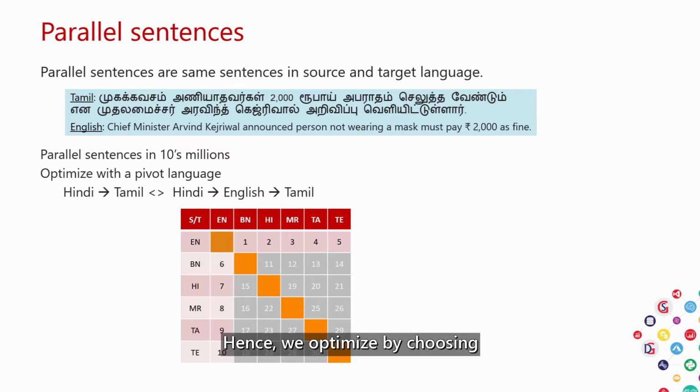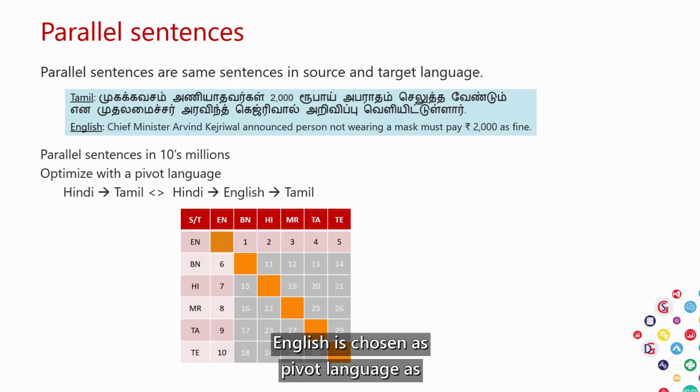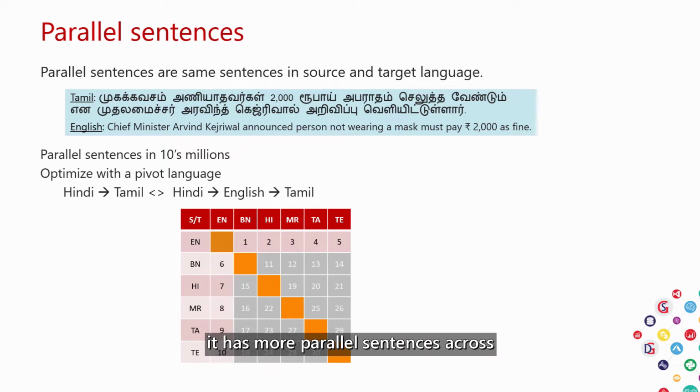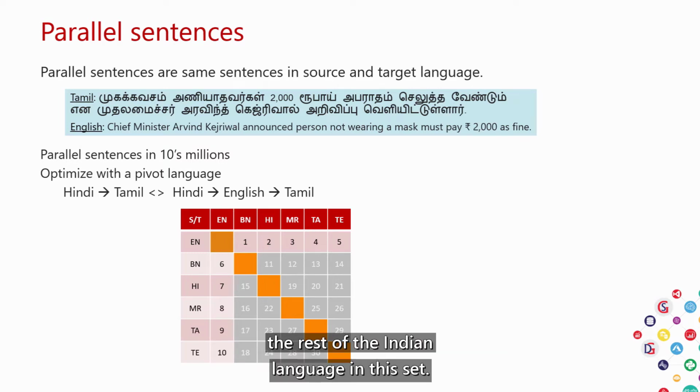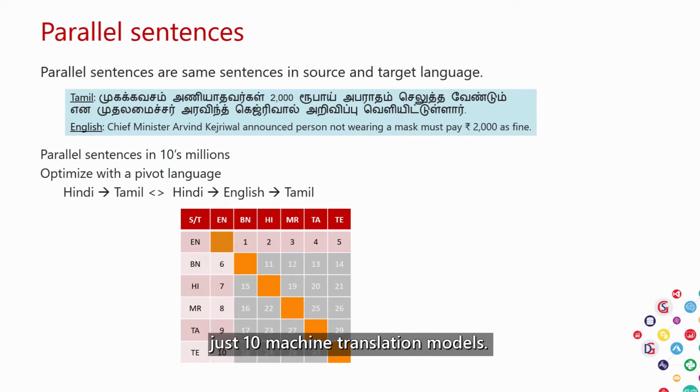Hence, we optimize by choosing a pivot language and hopping through it. English is chosen as the pivot language as it has more parallel sentences across the rest of the Indian languages in this set. For example, to translate from Hindi to Tamil, first translate from Hindi to English and then translate the output in English to Tamil. With this approach, it's sufficient to create just 10 machine translation models.